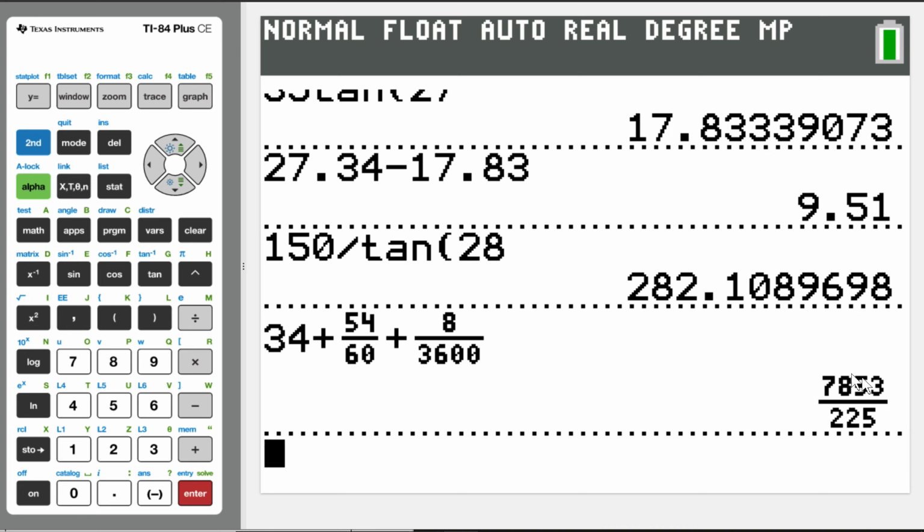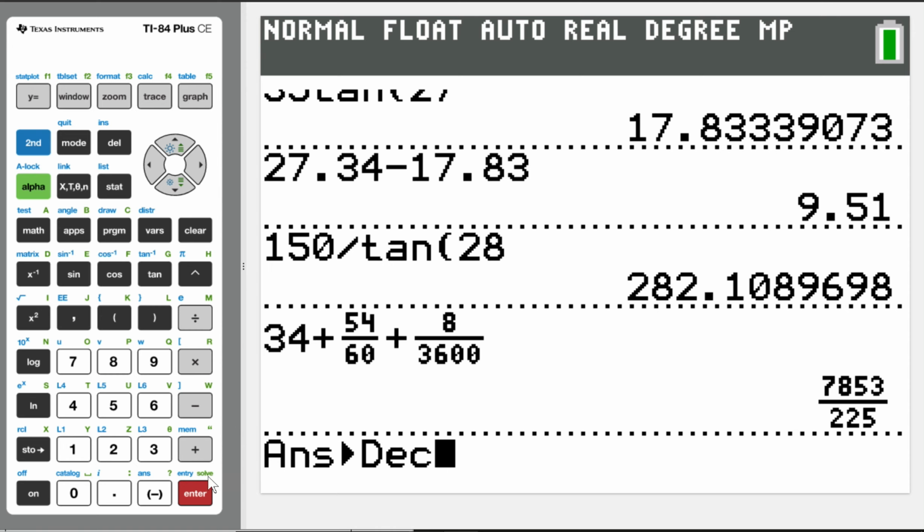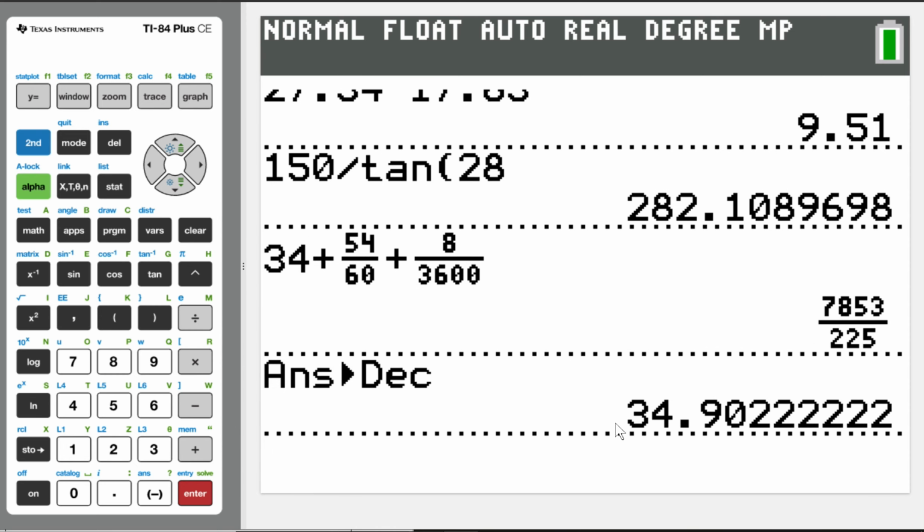All right, this looks more confusing than it did originally. So let's go ahead and make this a decimal. We'll click Math, go down to option 2, hit enter twice, and there we go, 34.9. That's not too bad.